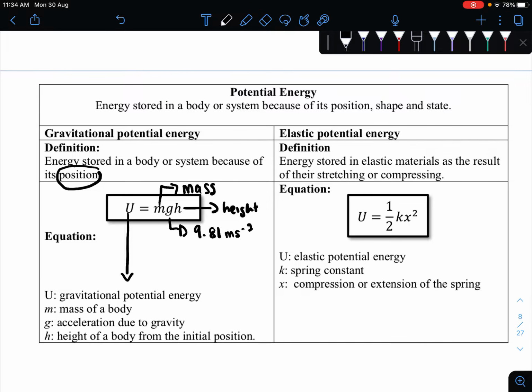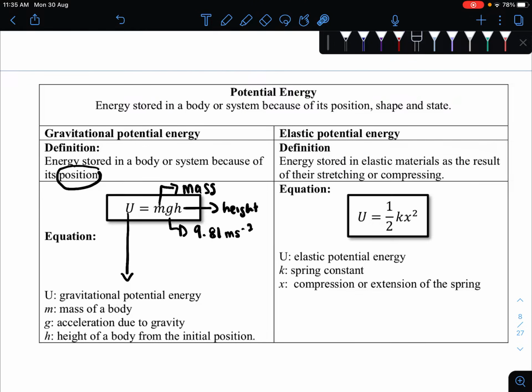Next, we have elastic potential energy. By definition, it is the energy stored in elastic material. So kita kena ada material yang elastic as the result of their stretching or compressing. So any object that is going to stretch ataupun compress, dia akan store energy yang kita panggil elastic potential energy.